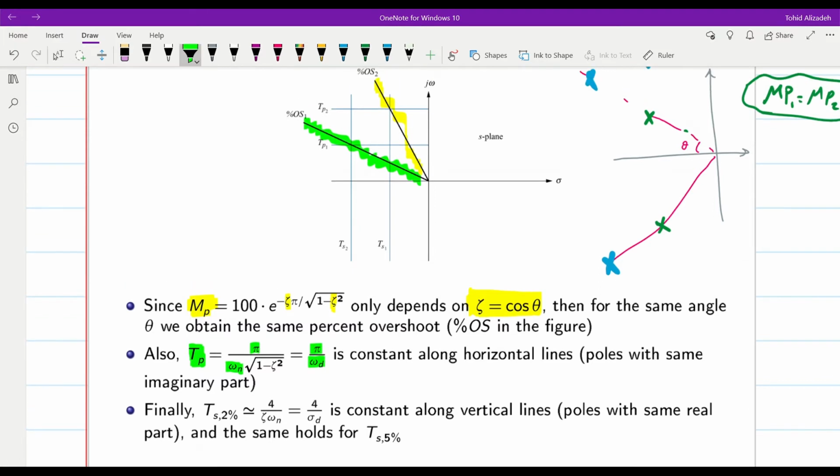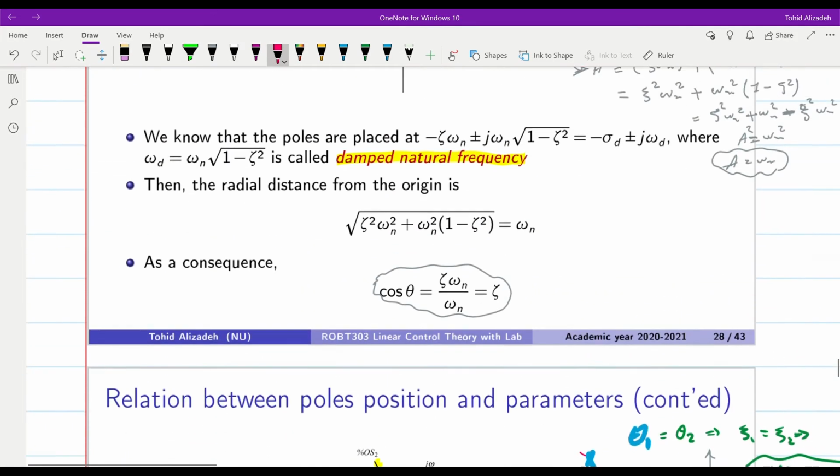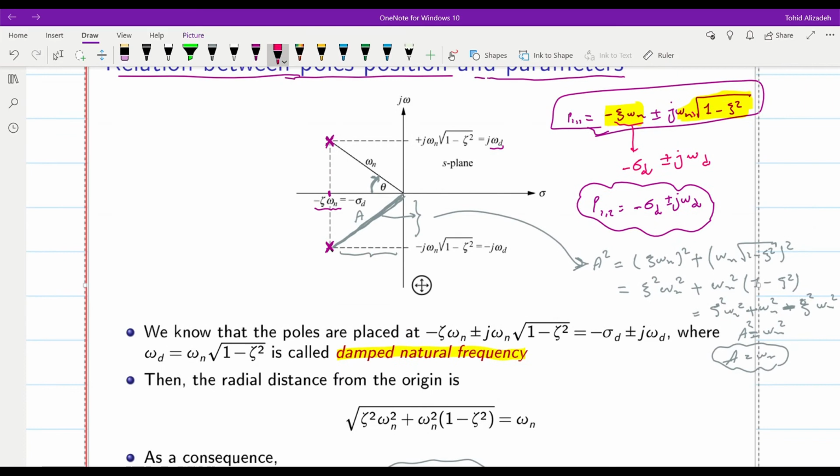On the other hand, we know that omega d is the imaginary value that we have for the poles. So our poles are located at minus sigma d plus minus j omega d.